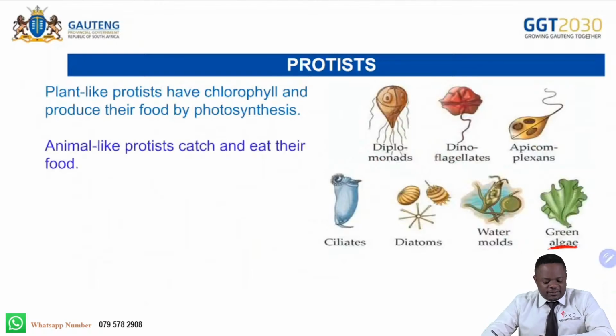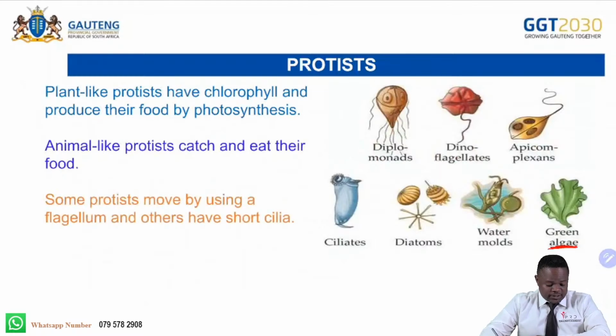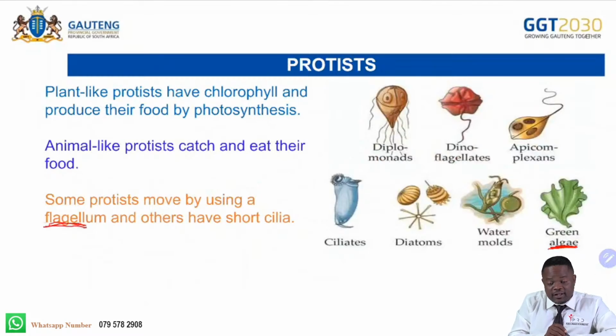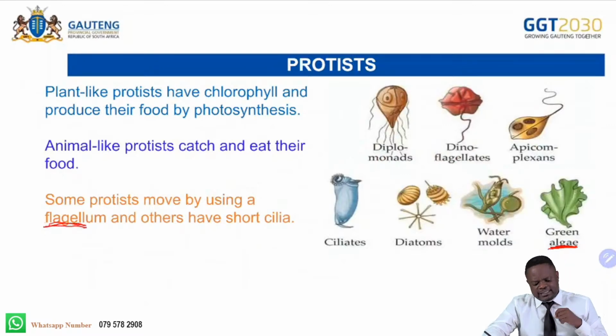And then we have the animal-like protists. These are consumers. They will catch and eat their own food. Some of these protists can move using what we call the flagellum. Others have short cilia. Right, these are finger-like, hair-like small structures.